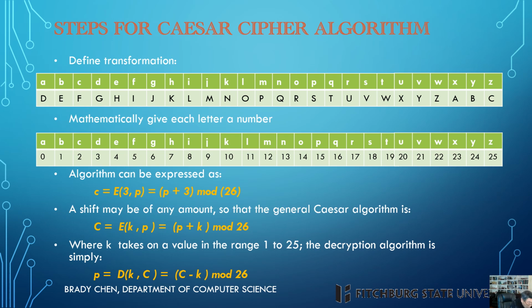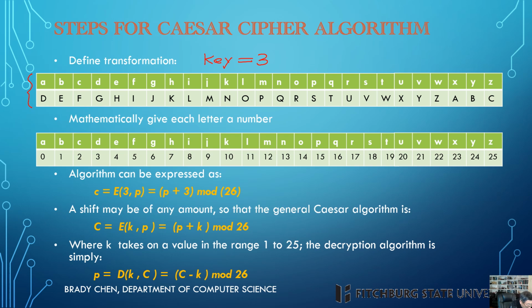So we build that table, right? Now in this case, what is the key for the Caesar cipher? Because we shift 3 positions down, the key is actually 3.